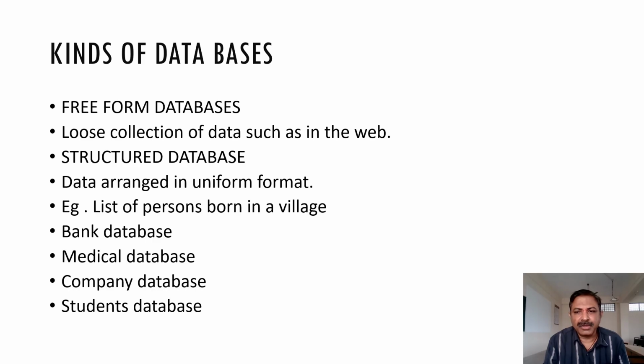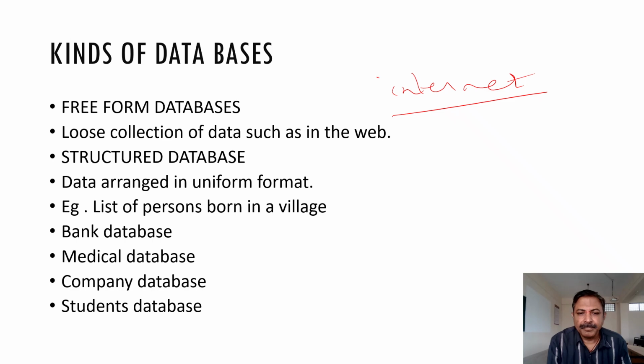So there are two types of databases. One is called a free form database. One is called a structured database. If you go to the web, if you open the internet, we can see large data.